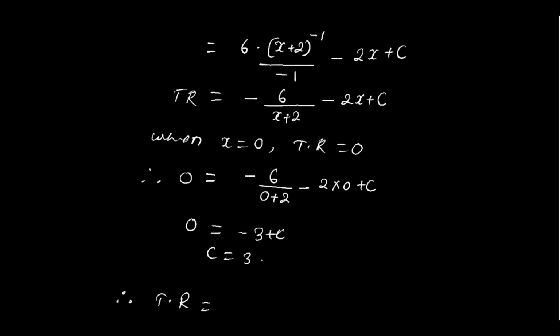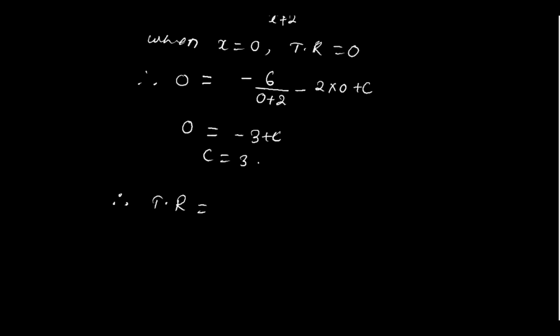So the total revenue will be minus 6 by (x plus 2) minus 2x plus 3. Now we have to prove the demand law.